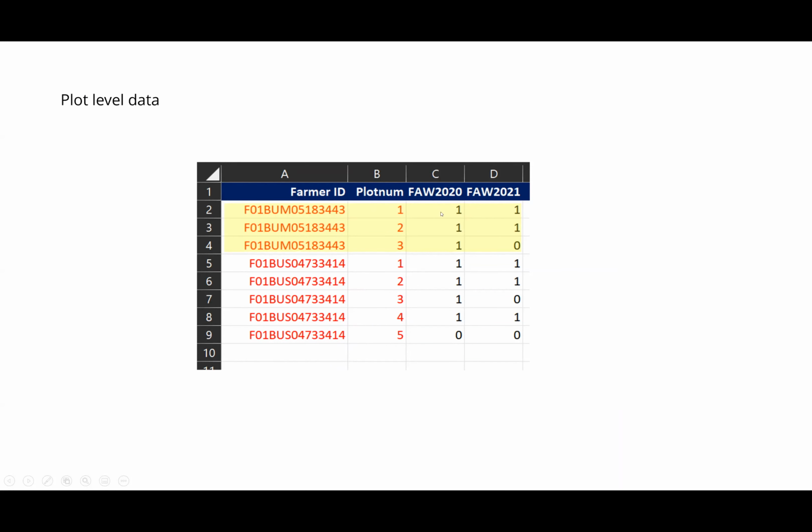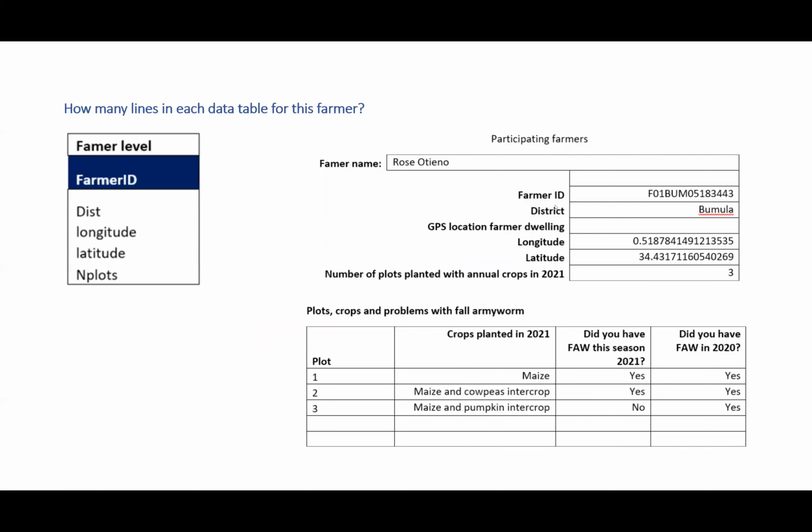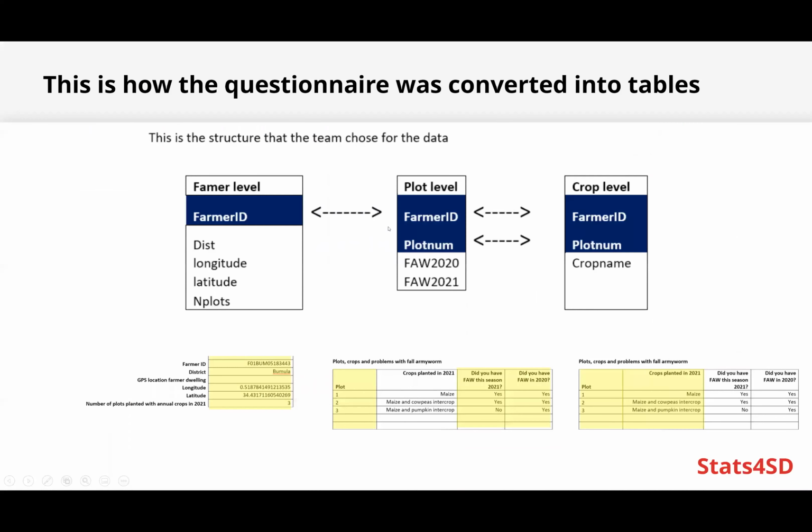She had problems in 2020, had problems in 2021. And in plot 2, yes in 2020, yes in 2021. Plot 3, yes in 2020, no in 2021. And so the whole questionnaire gets transferred into 3 tables that have this structure.